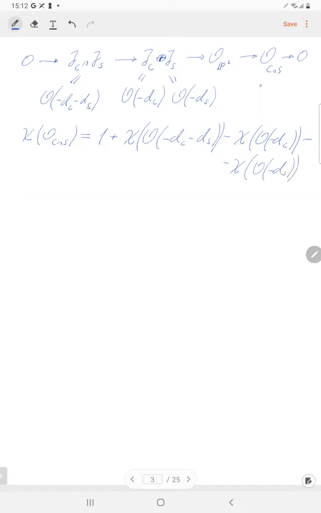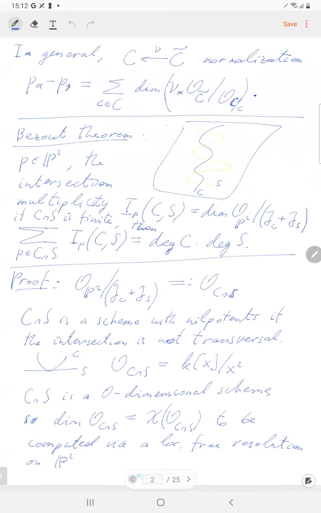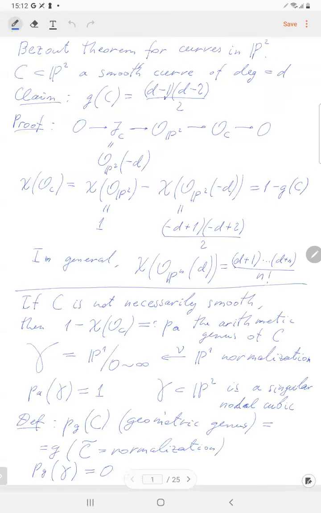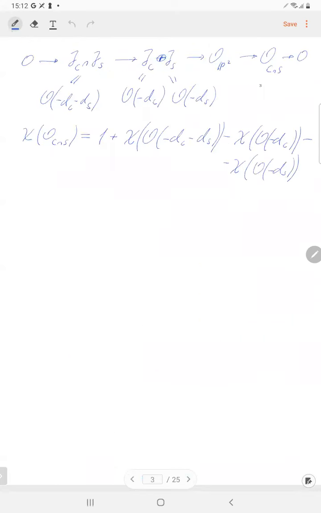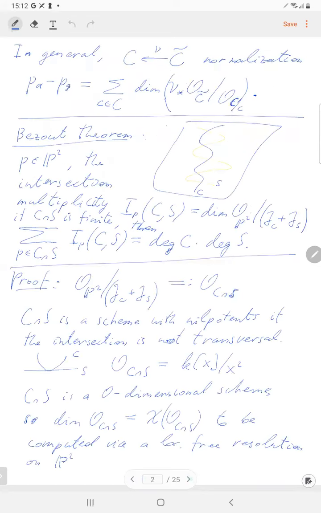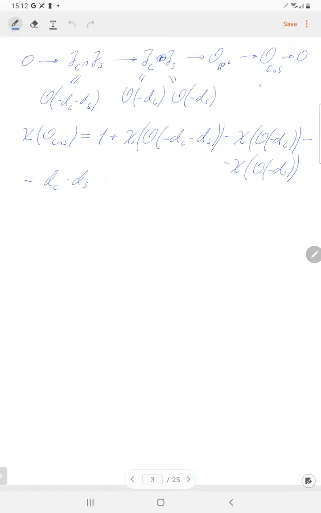Okay, and we already know all those Euler characteristics. We wrote it down somewhere in the middle of the first page. So if we apply this, then you will get the desired degree of C times the degree of S. That's it.